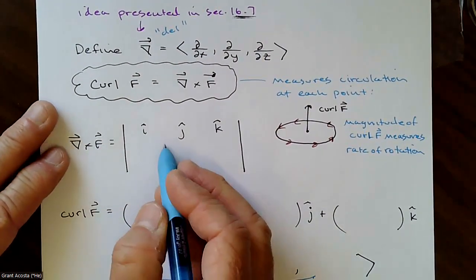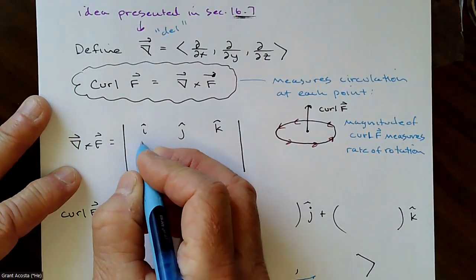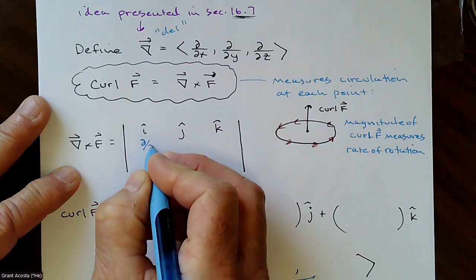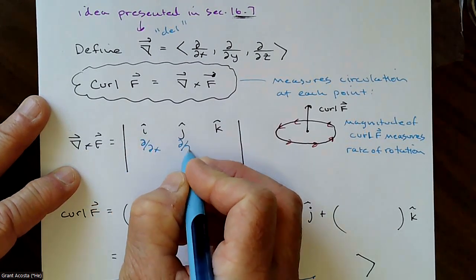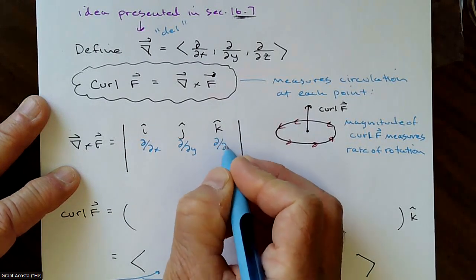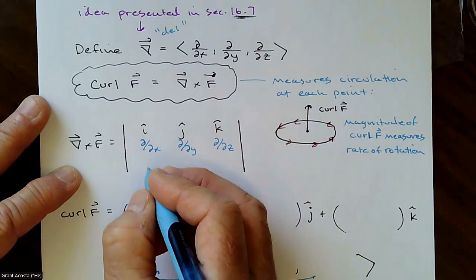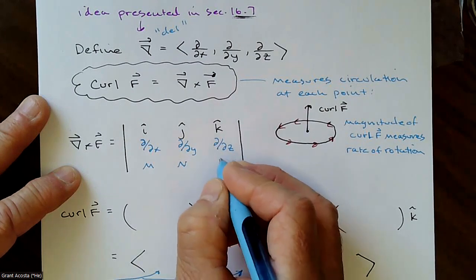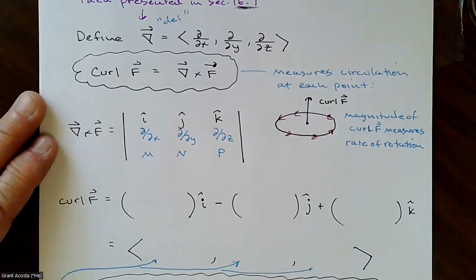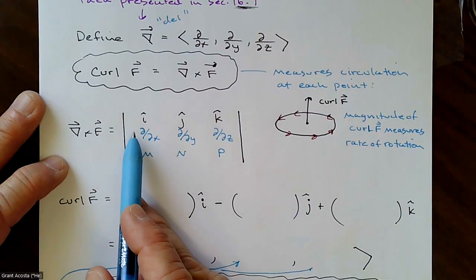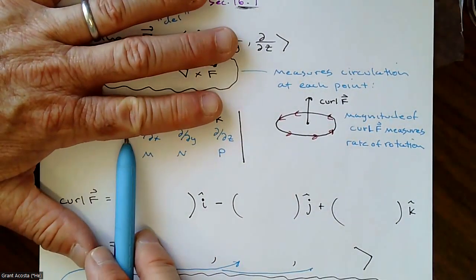All right, so if we compute that for a general function, del cross F, we're going to do partial with respect to x, partial with respect to y, partial with respect to z, crossed with F, which we're going to define to be M, N, and P. To do this determinant, remember you block out the row and column.